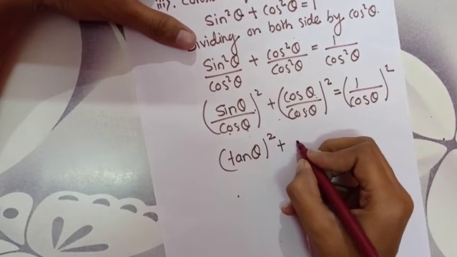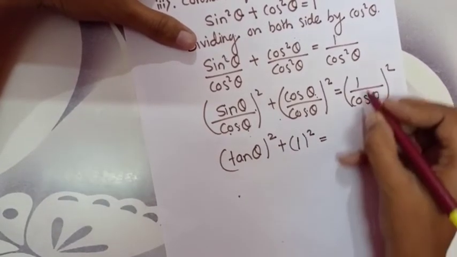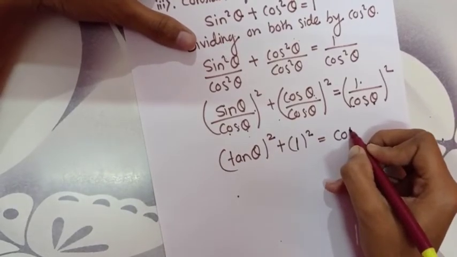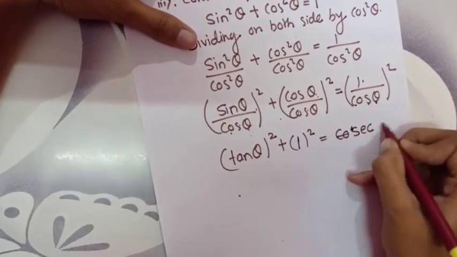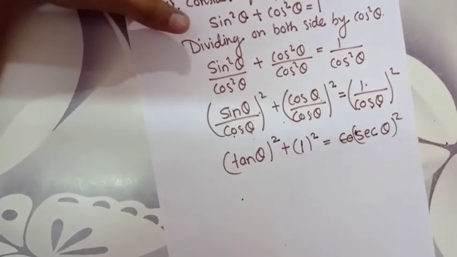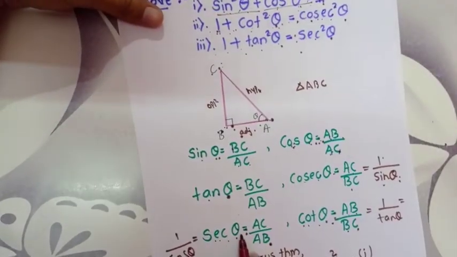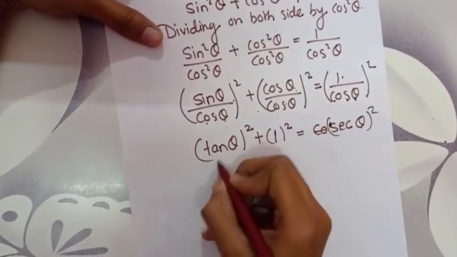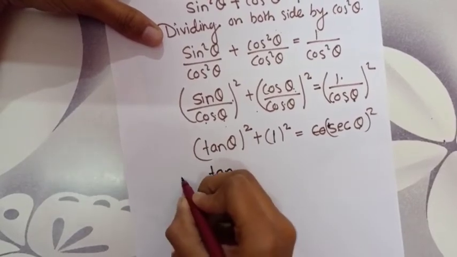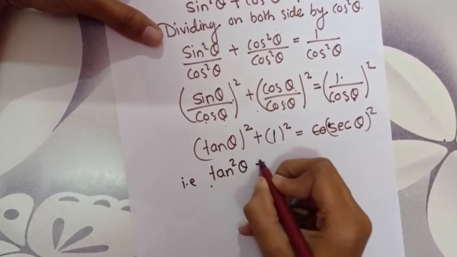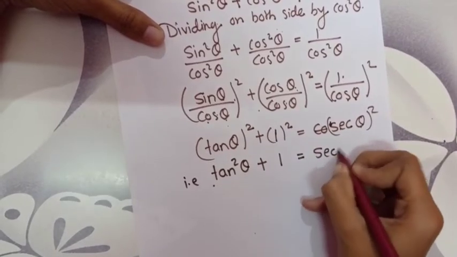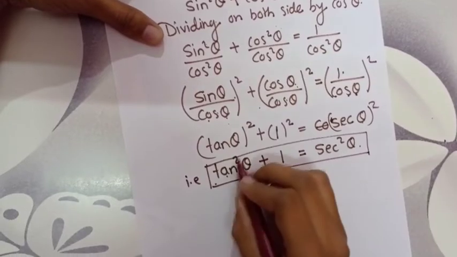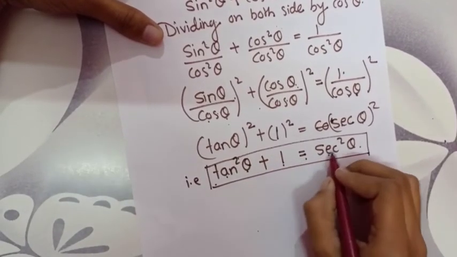Cos theta by cos theta cancels, remains 1, whole square is equal to 1 by cos theta, that is secant theta whole square. Here we have seen that secant theta is equal to 1 by cos theta. Now it can be written as tan square theta plus 1 is equal to secant square theta. We have also proved the third identity.